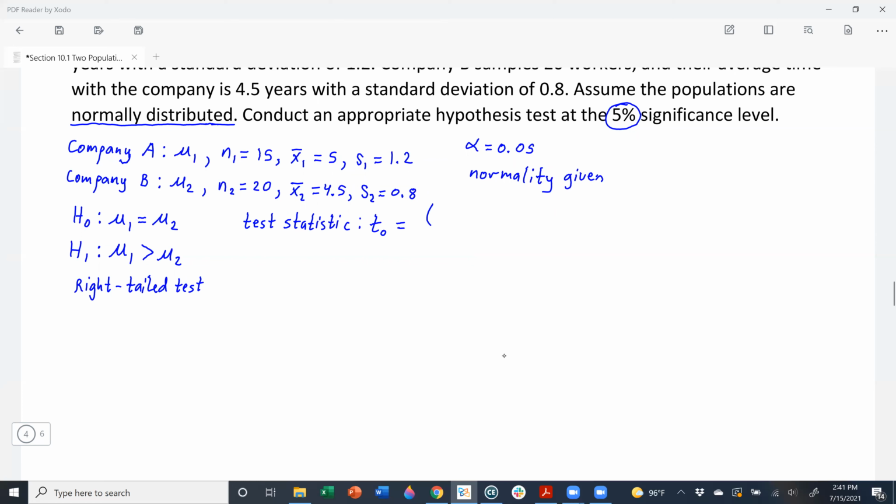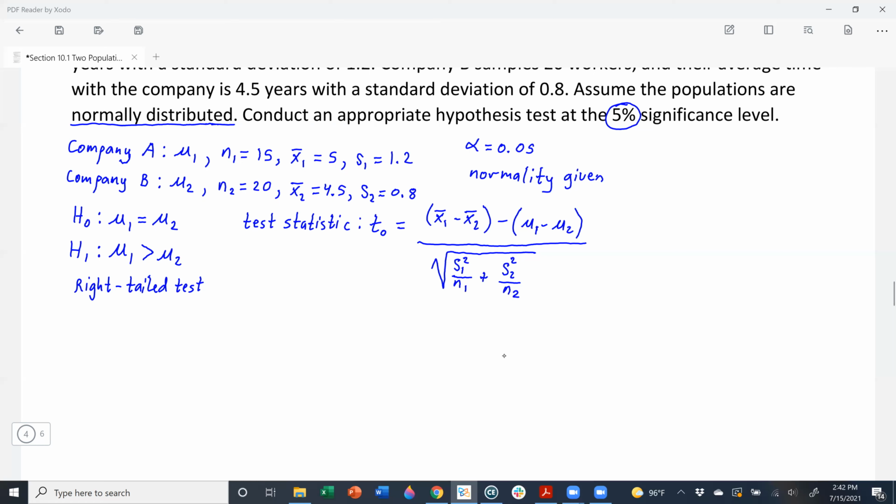And so the whole formula is x1 bar minus x2 bar minus mu1 minus mu2, divided by a big square root of the standard deviation squared of sample 1 divided by its sample size, plus the standard deviation squared of sample 2 divided by its sample size.